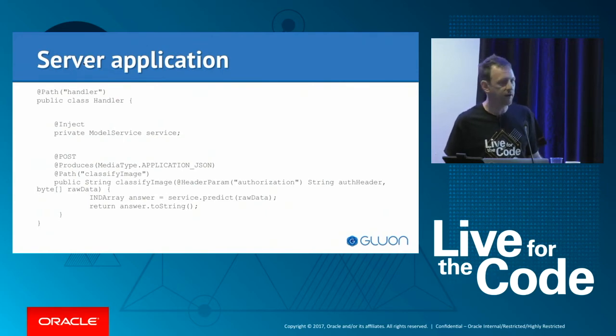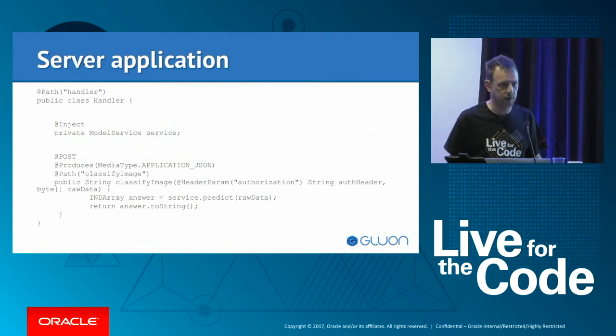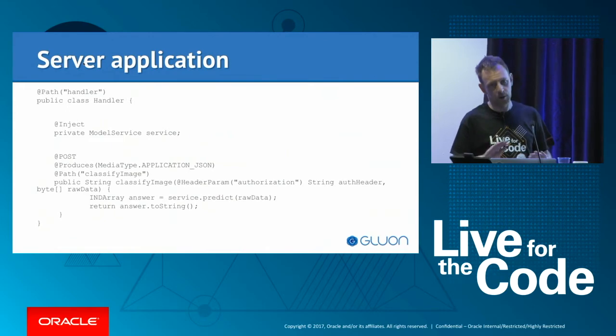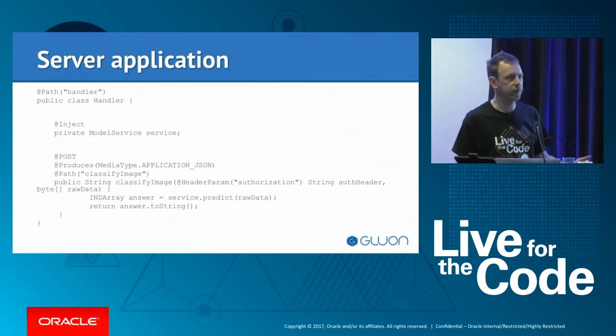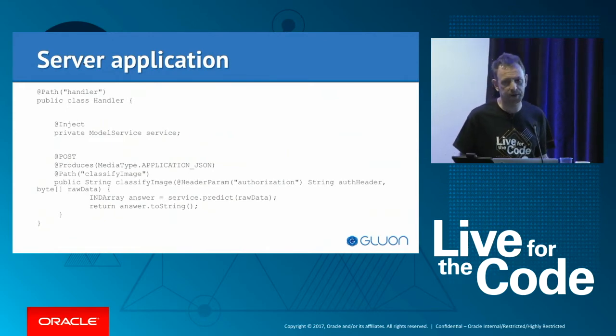I'm using Java EE, but you can do that in Spring or any other Java framework as well. Again, that would be a whole topic by itself, how you have to create a server application for deep learning. And again, I'm not going to touch this because I think it is very important that you get the broader picture before you decide to dive in the different areas.